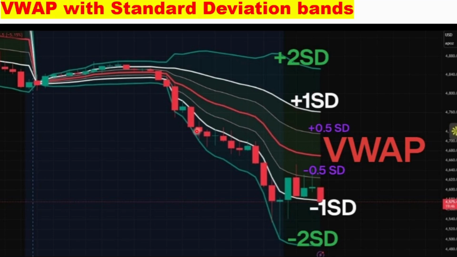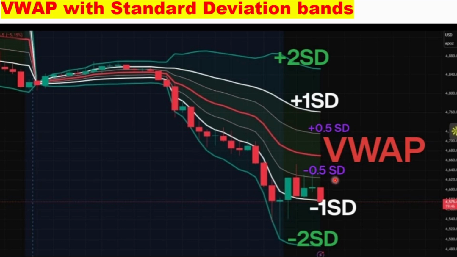Of course, just because price goes beyond 2 standard deviations doesn't mean it will always revert back to the mean. In a choppy or non-trending day, there is a high chance, but in a strong trend day, the price may form a new value zone. So VWAP with these bands helps us recognize whether we are in a range bound market or a trending market.